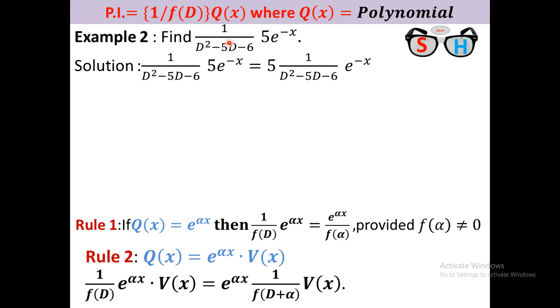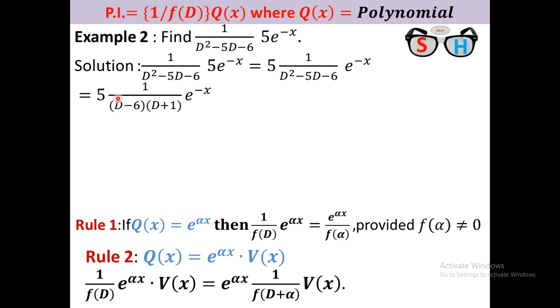Therefore D plus 1 must be a factor of that. If you factorize that, this will be D minus 6 and D plus 1. Therefore the denominator was 0 only for D plus 1, so we were unable to solve this problem by using rule 1.